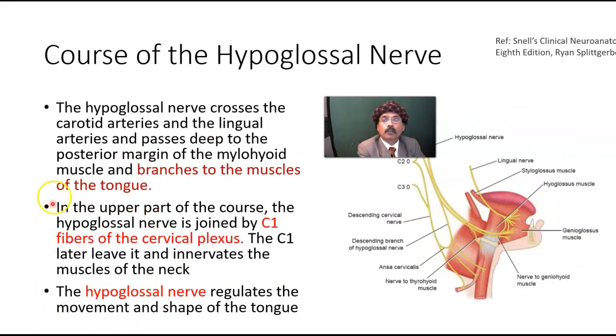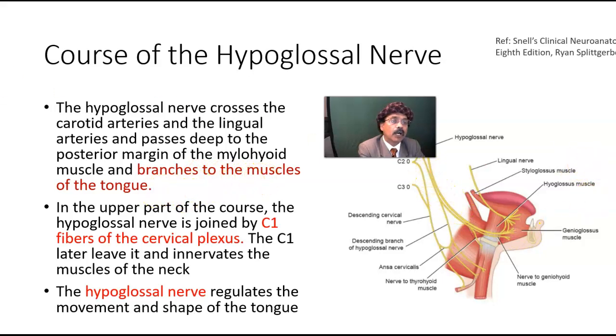The hypoglossal nerve crosses the carotid arteries, that means the external carotid artery, internal carotid artery, and the loop of the lingual artery, and passes deep to the loop of the lingual artery on both sides. The lingual artery passes deep to the posterior margin of the mylohyoid muscle and branches to the muscles of the tongue.